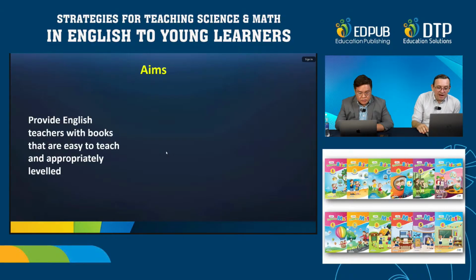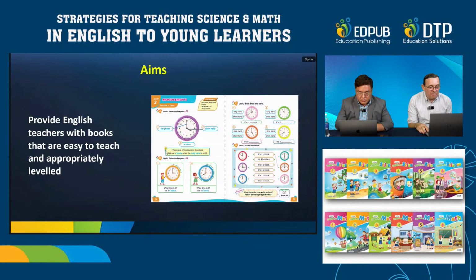We also want to provide English teachers with books that are easy to teach and appropriately leveled. We want our teachers to be able to teach the book without a vast knowledge of math or science. We want them to be comfortable teaching these books.